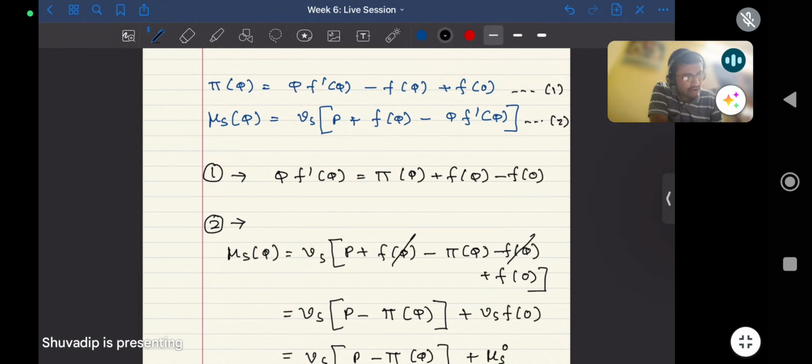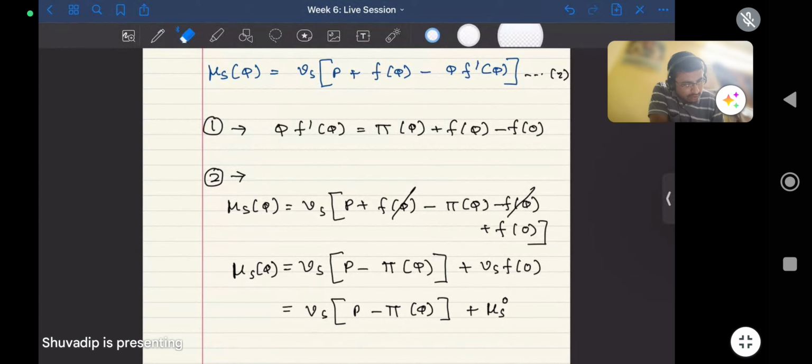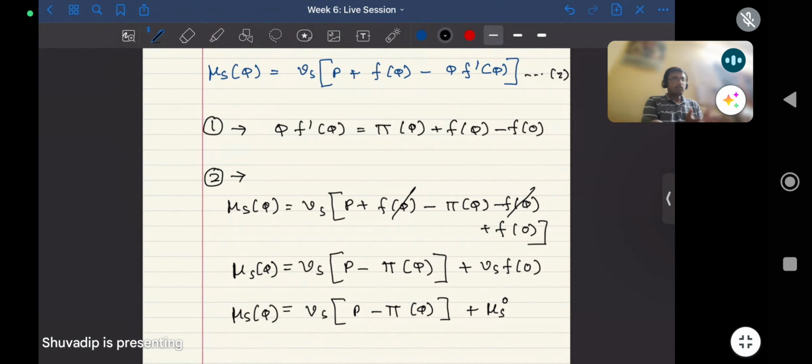We are rewriting Vs into F0 as some other quantity mu s 0. So this is mu s of phi.